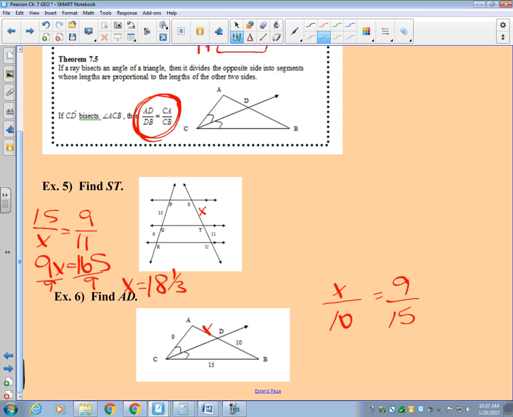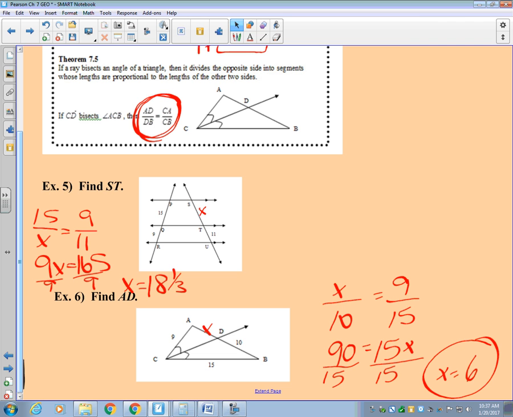When we do our cross multiplication, we get 90 equals 15x. Divide both sides by 15. And we get x is equal to 6. That is it. Done and done.